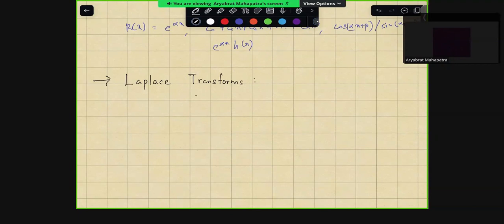So Laplace transforms was basically defined this way. The properties we defined for Fourier transforms apply here as well.